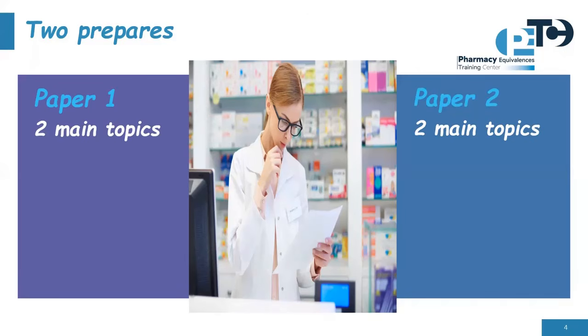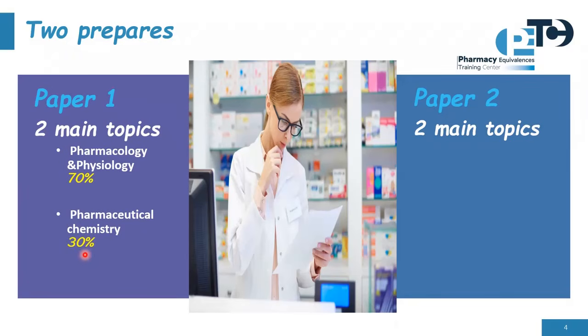The content of paper 1 is pharmacology and physiology, with 70% of the questions regarding this topic. The other part of paper 1 is pharmaceutical chemistry, which represents about 30% of the paper.